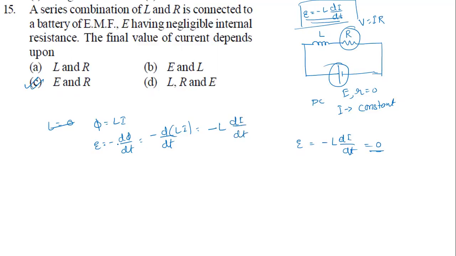That is the induced EMF in an inductor by Faraday's law. This is what we call the coefficient of self-induction, or self-inductance. The word is important. If you want to call it by a simple name, self-inductance; completely, coefficient of self-induction. The final value of current depends on the EMF of the battery and the resistance of the given resistor.